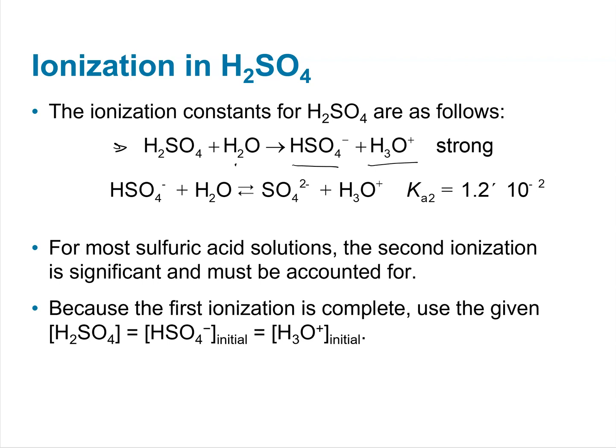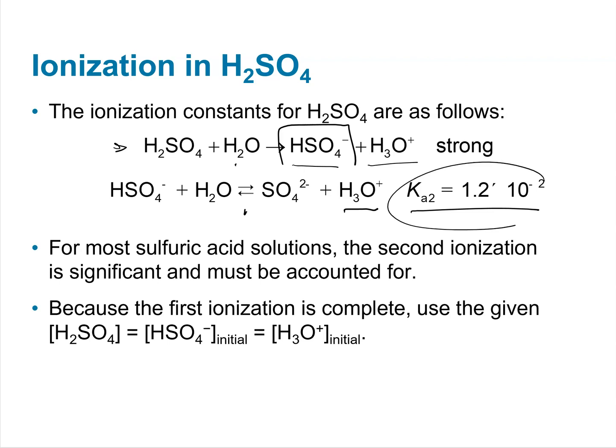Now, we still have HSO4-, which is acidic, albeit a weak acid. So HSO4- plus water is in equilibrium, forming SO4 2- plus your hydronium. And this is going to have a Ka2 of 1.2 times 10 to the minus 2.